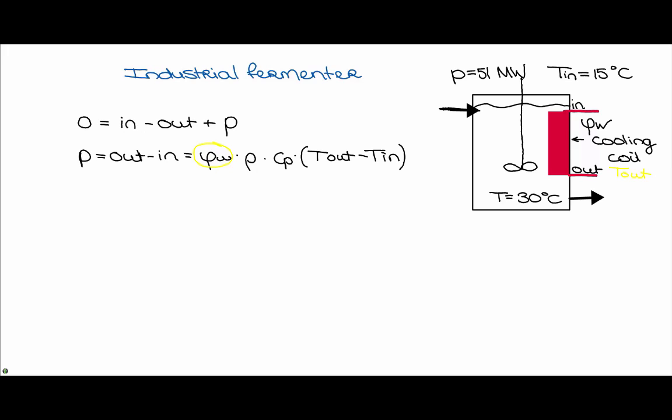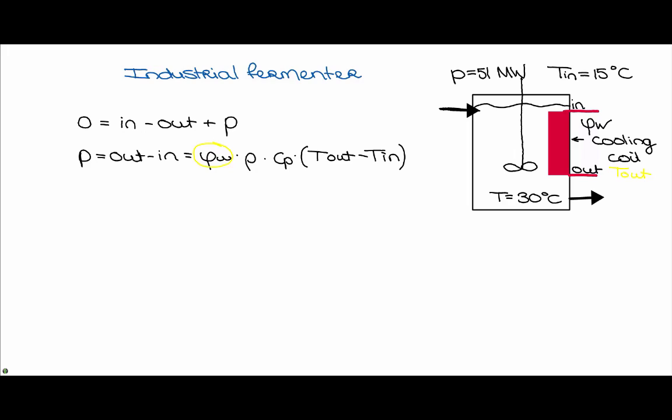which is the value that we have to calculate. Now the most difficult part follows. How do we determine T out? So the temperature of the water that cools the fermenter and that flows out of the fermenter. You have to determine this in a logical manner: which is the highest value T out can be? If the temperature in the fermenter is 30 degrees Celsius, of course this is 30 degrees Celsius.